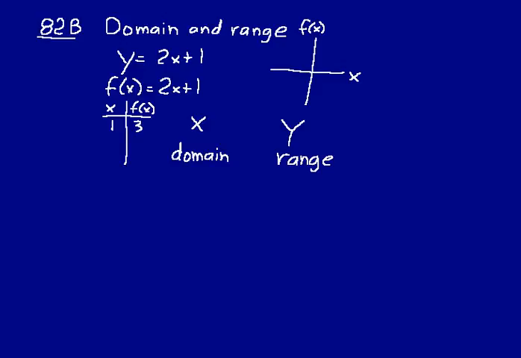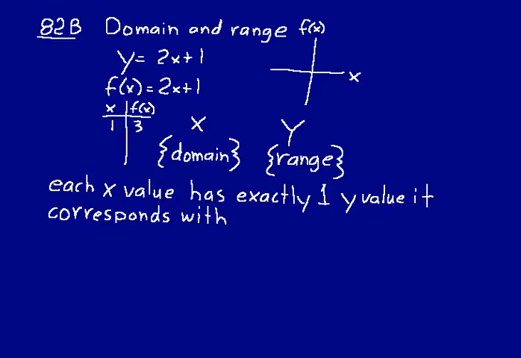This is a set of numbers, so think of it as a set, and I'll even use little brackets. The domain is the x values that go with that function. The range is the y values, or f of x values, that go with the function.